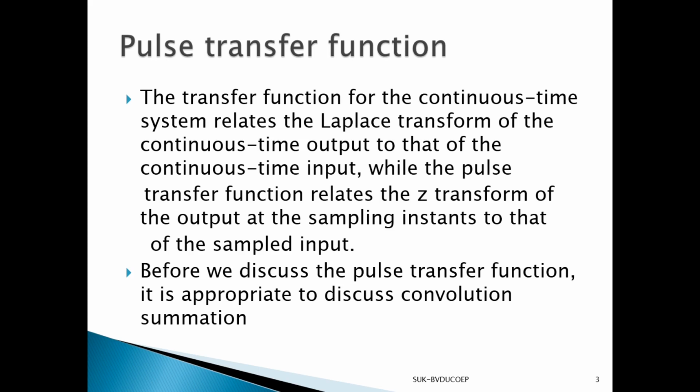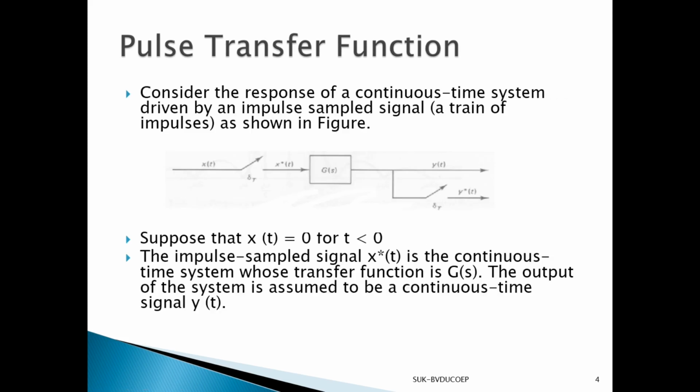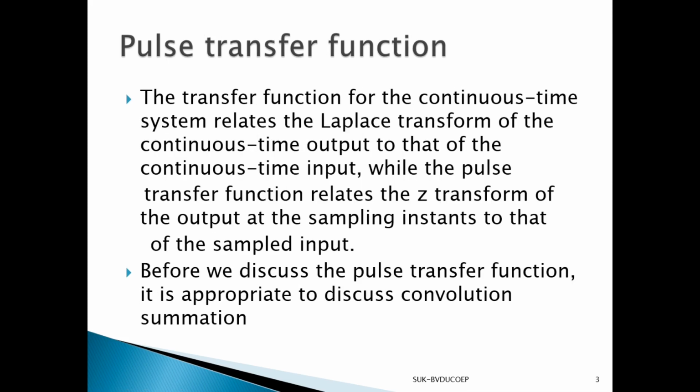But before that we have to understand the convolution summation, because when I consider sample sequences, sequence 1, sequence 2, the summation of the sequence is actually the Z transform. Summation x(kT), the Laplace transform of the summation of the signals, and therefore we have to understand the convolution summation.